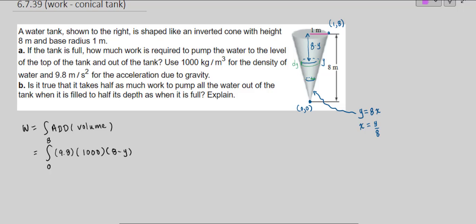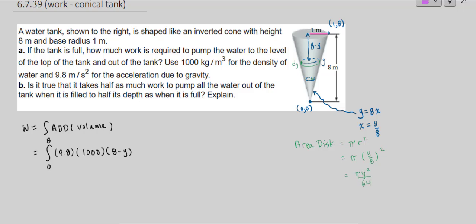All right, so the area of our disk will equal pi times the radius squared, and the radius in this case is y divided by 8. And so we can say that the area of this disk is going to be pi times y squared over 64. So that's the area of the cross section.